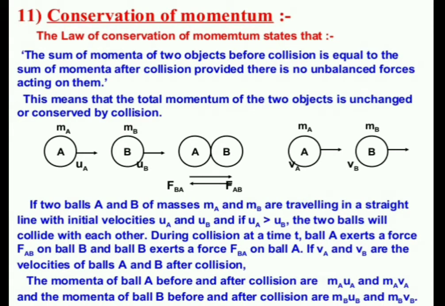Let's begin once again with the definition of the law of conservation of momentum. The sum of momenta of two objects before collision is equal to the sum of the momenta after the collision, provided there is no unbalanced force acting on them.